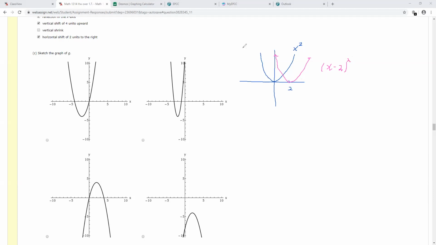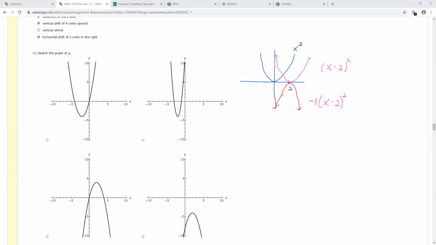Then reflect it over the x-axis. That was the horizontal 2 units to the right, but multiplied by a -1 in the entire front. And then the last thing was 4 units up.